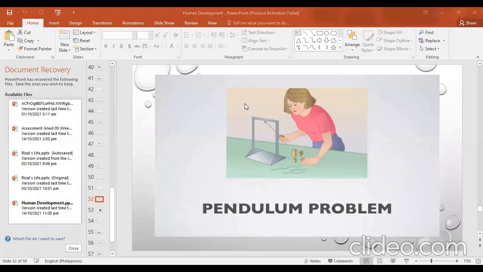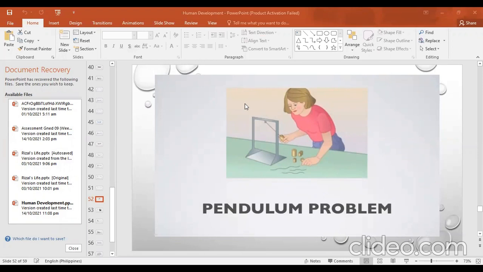Yan. So an example of formal operational, we have the pendulum problem. So as you can see, hindi naman ito kaya ng mga 0 to 2, no? And also 3 to 7. No? Pero pag mga 12 na, ayan, kaya na siya, kaya na yung task. So in pendulum problem, the participant is asked to work out what governs the speed of an object swinging on a piece of string.